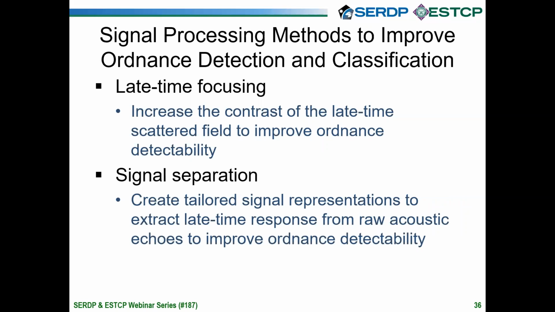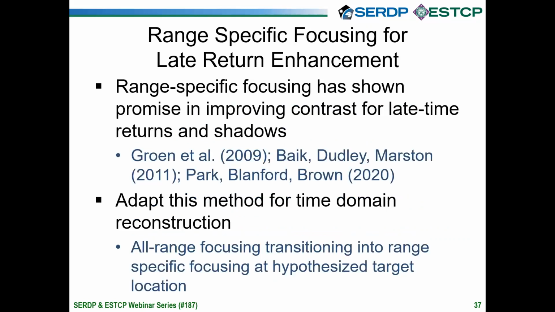And then another technique called signal separation, where we want to see if we can come up with a way to cleanly separate those portions of the signal that exhibit a late time return from those portions of the signal that correspond to the more standard, more geometric scattering physics. So can we divorce the two in a way that allows us to still conduct image reconstruction?